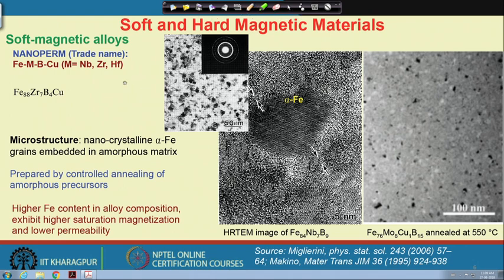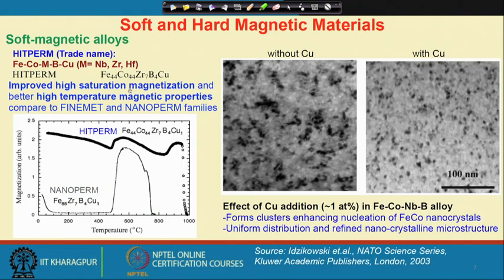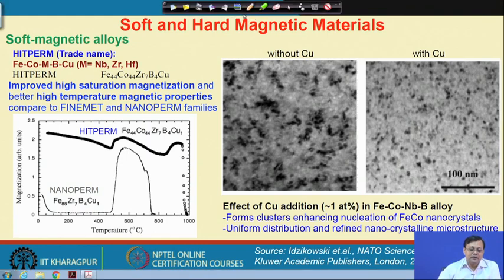These are a couple of important microstructural aspects, and the further addition of cobalt in iron, or replacement of iron with cobalt, is also another very important aspect of developing the HITPERM series of alloy that can be used above 900 degree centigrade. So, magnetic properties are present there.